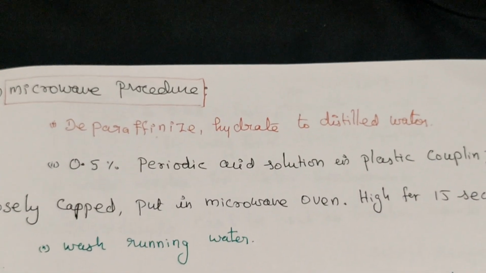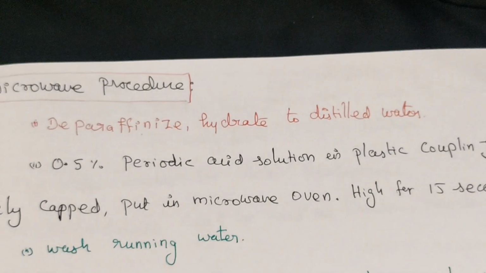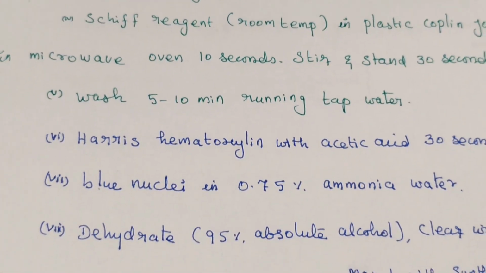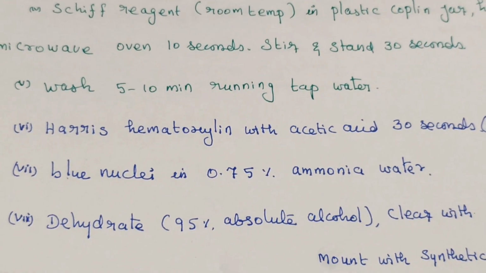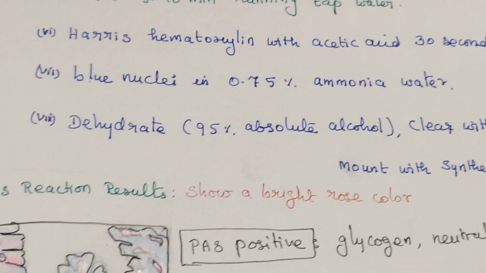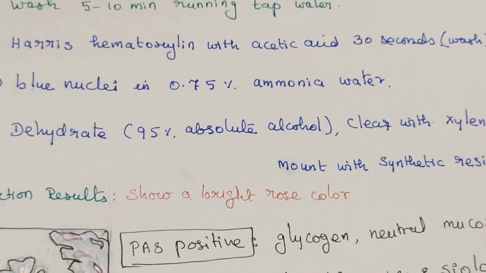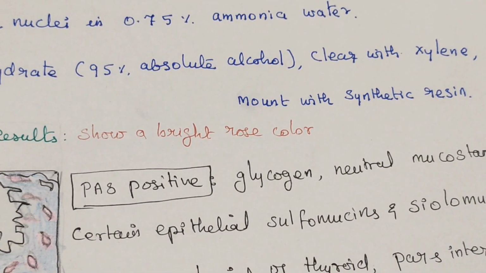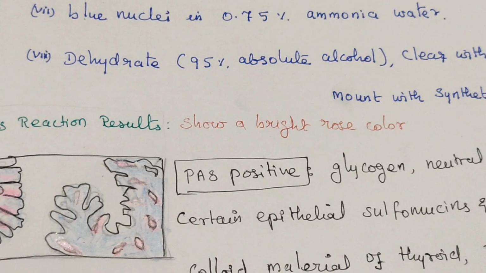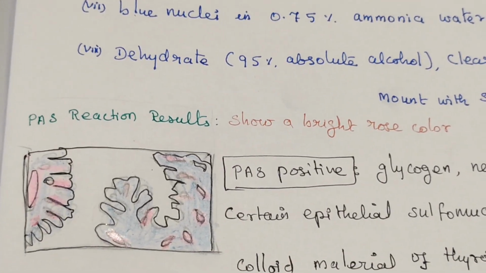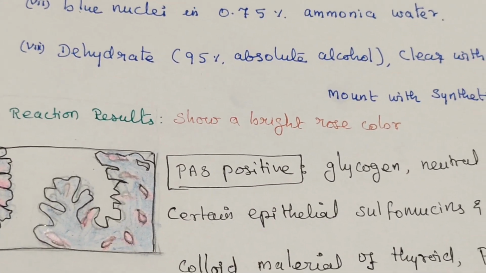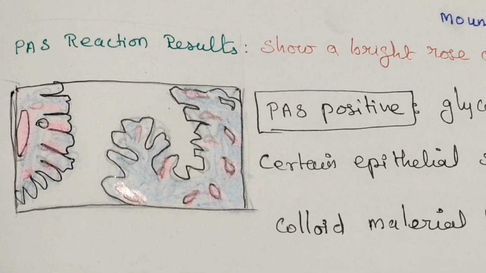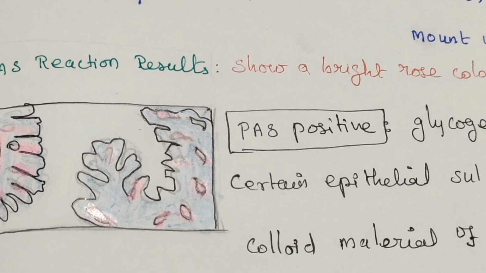So in the microwave procedure, we put the slide in the microwave. Here the counterstain is Harris hematoxylin. Then dehydrate with 95 percentage alcohol. Then clear with xylene. Mount with synthetic resin. Then the PAS reaction result shows a bright rose color in the slide.